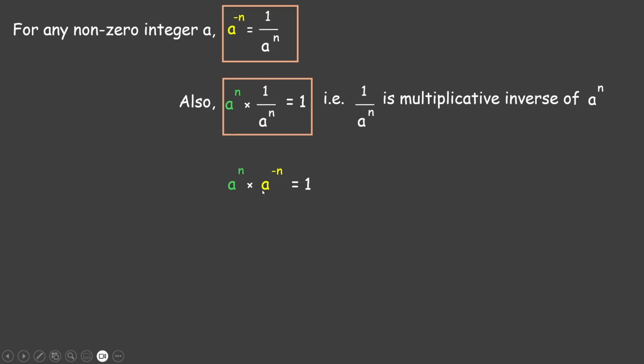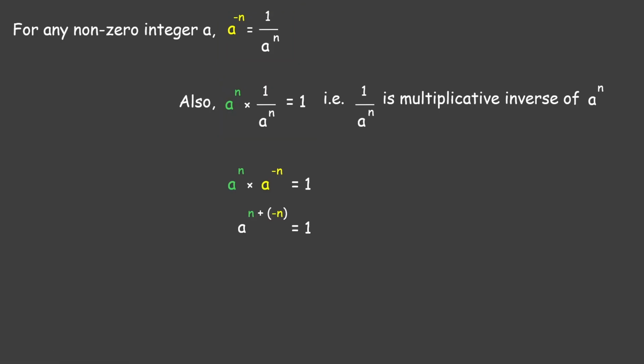If the bases are same and there is multiplication, the powers get added. So let's add the powers. This is positive n and this is negative n. So a raised to power n minus n is equal to 1. n minus n is 0, which gives us a raised to the power 0 is equal to 1. And that is another important property. Any non-zero integer a raised to the power 0 is equal to 1.